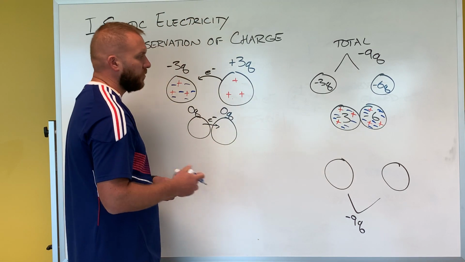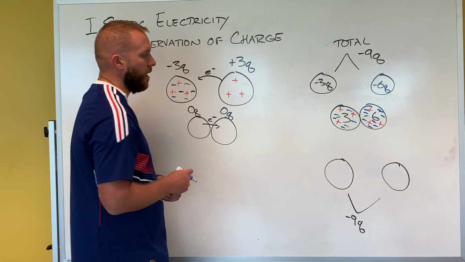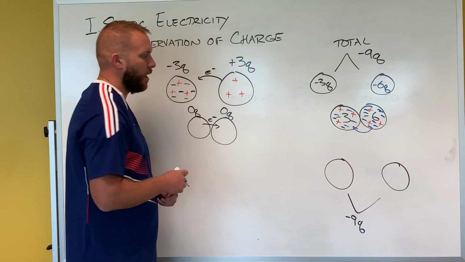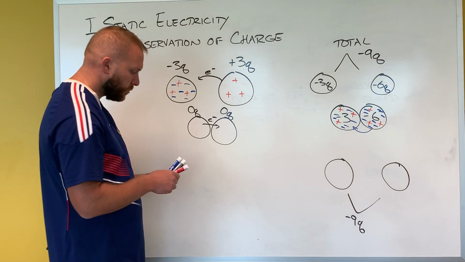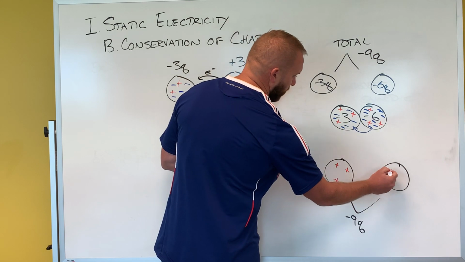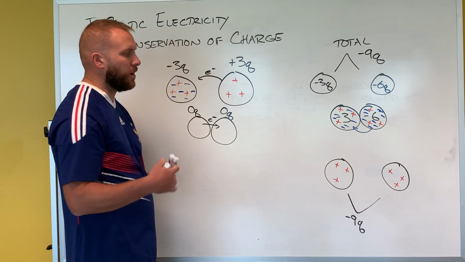So when they touch, electrons want to get as far away from each other as possible. So electrons are actually going to transfer into this object here. We can still have our protons, but now the charges are going to become balanced.